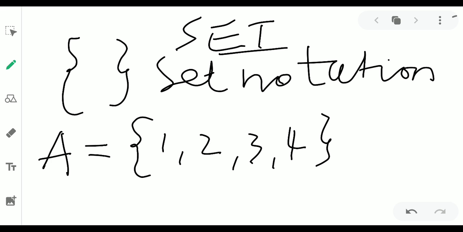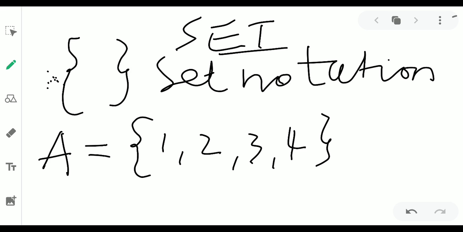So this is how we represent sets, one of the ways. We say set A is equal to {1, 2, 3, 4}. You use the curly brackets. These ones are called curly brackets.